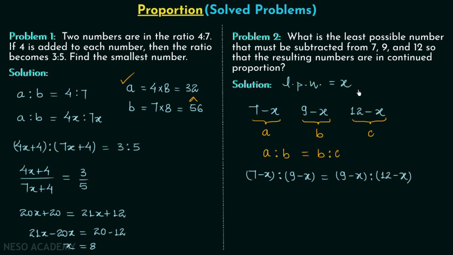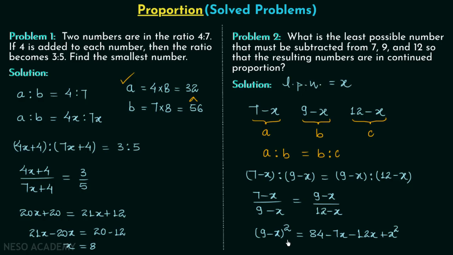We can write this as 7 minus x divided by 9 minus x equal to 9 minus x divided by 12 minus x. When you perform the cross multiplication, you will have 9 minus x whole squared equal to 7 minus x multiplied to 12 minus x, giving us 84 minus 7x minus 12x plus x squared.